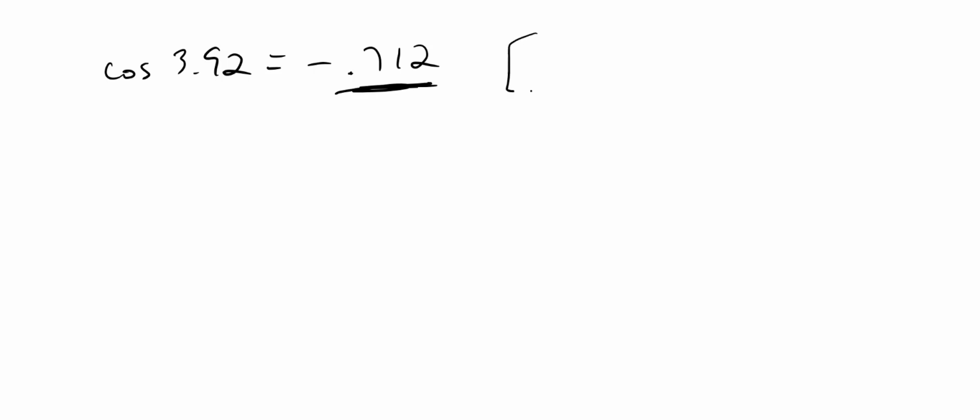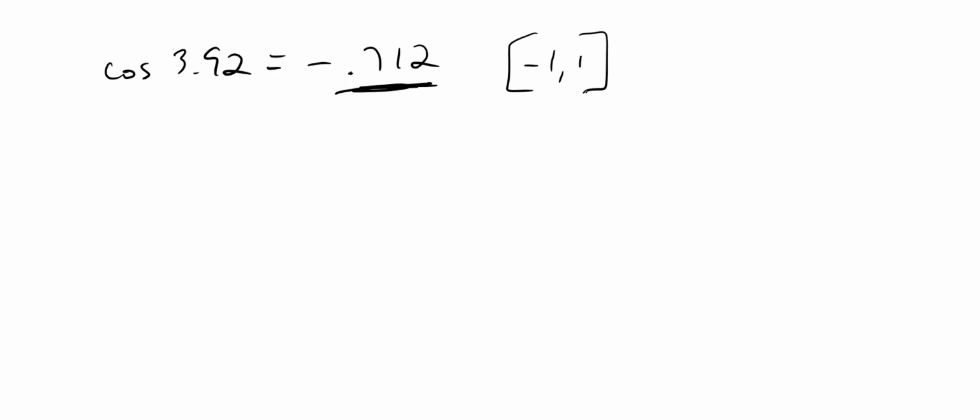Let's do cosine of 3.92. Well, you should look at this and say, oh, cosine of 3.92? Just type it right in your calculator, guys, and you get negative 0.712. Super easy. Okay? And remember, these values for cosine and sine are all between negative 1 and 1, right? That's the range for these values.